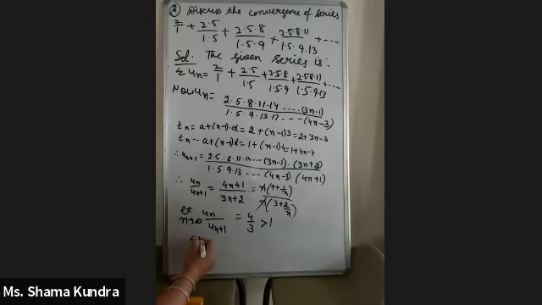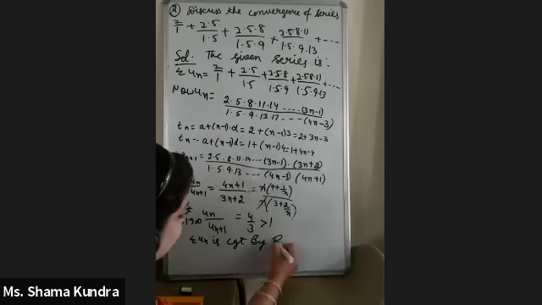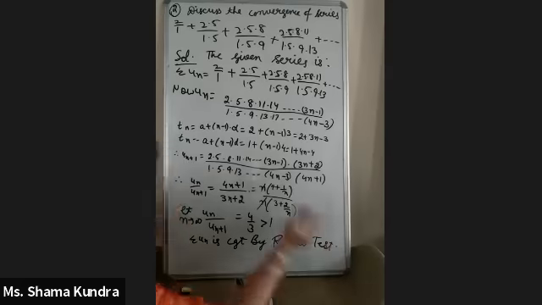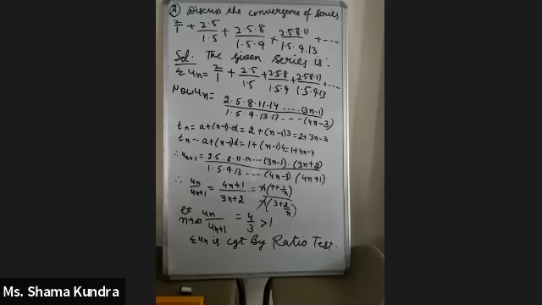Therefore, series un is convergent by ratio test. Therefore, given series is convergent.